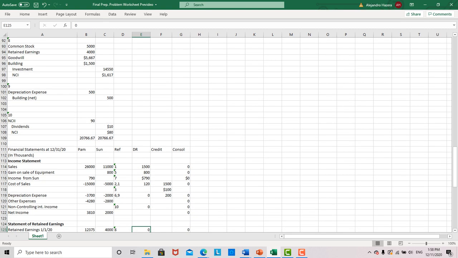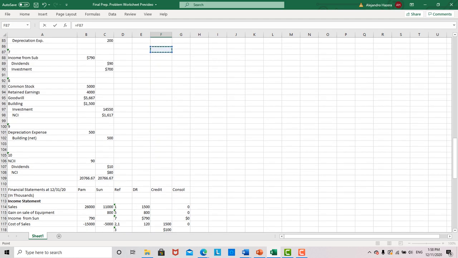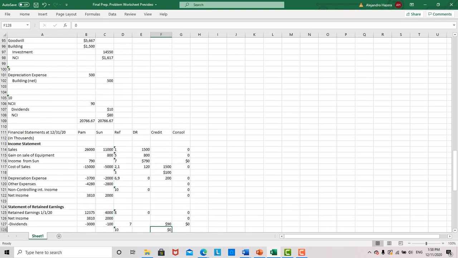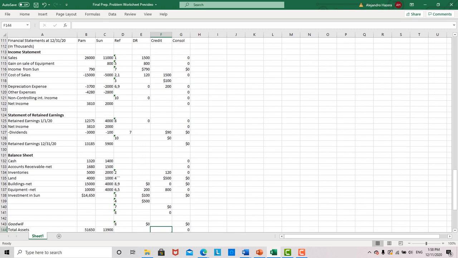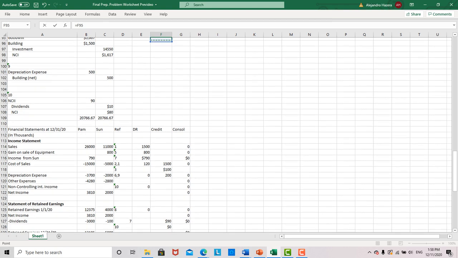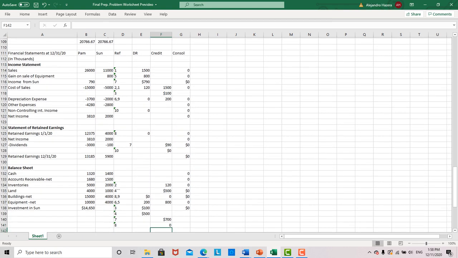We'll take out the parent share, the controlling interest share of dividends, which is 90, and we'll credit the investment account for the difference, which is 700. That takes you back to your beginning balance.